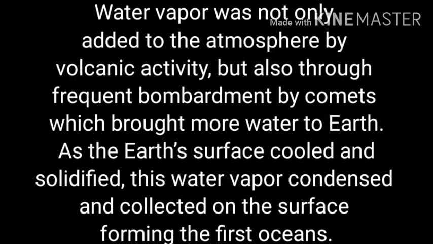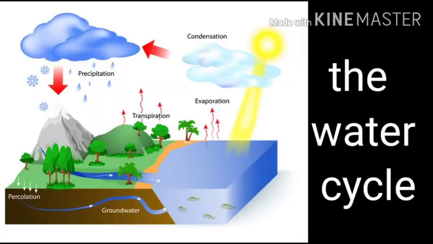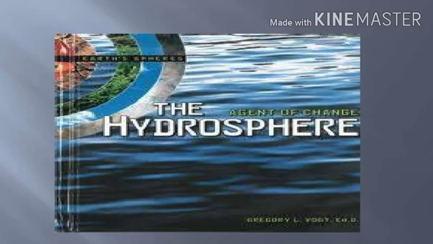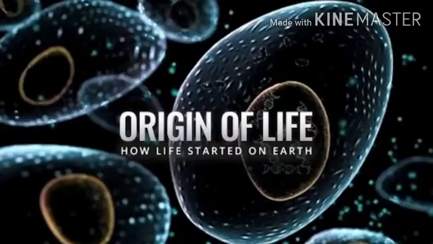The carbon dioxide in the atmosphere got dissolved in rainwater and the temperature further decreased, causing more condensation and more rain. The rainwater falling onto the surface got collected in the depressions to give rise to oceans and formed our hydrosphere.